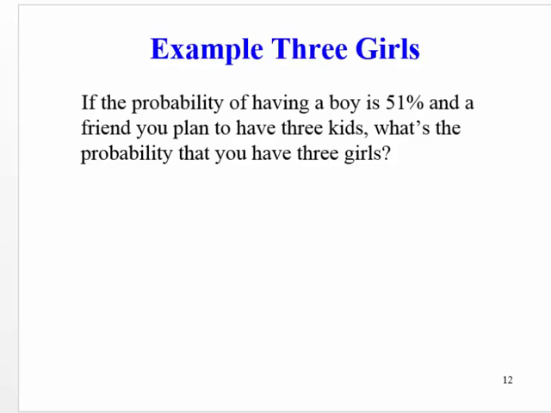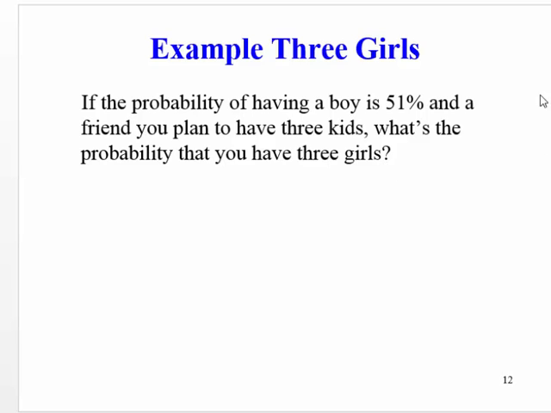So if the probability of having a boy is 51%, and you plan to have 3 kids, what's the probability that you have 3 girls?